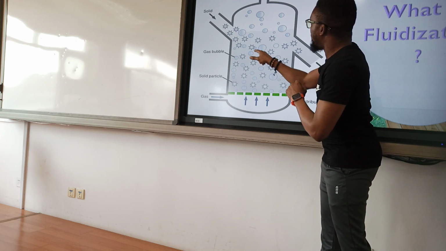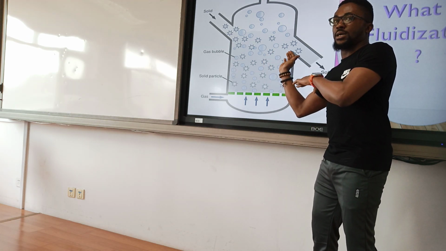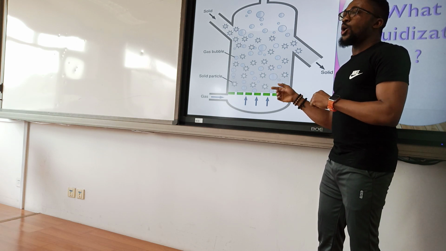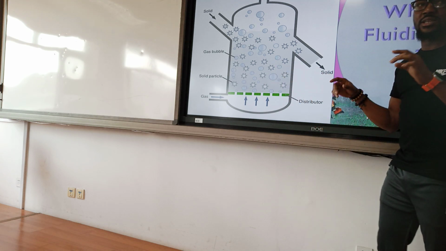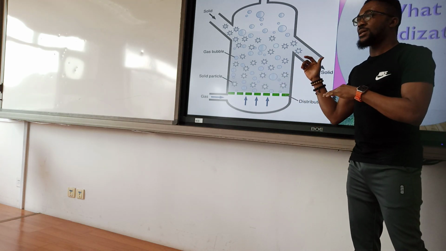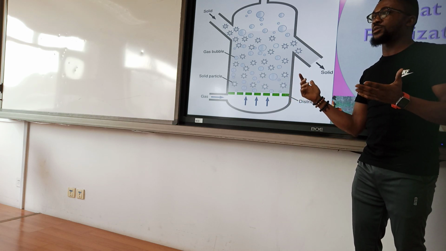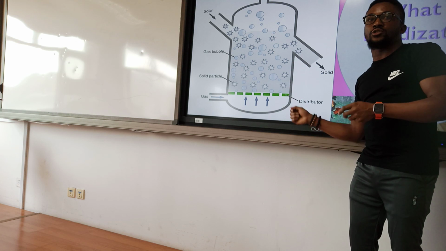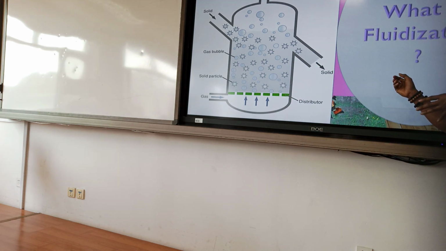If it moves in a fluid-like nature, that means fluidization has taken place. But if these particles move upward, you are expecting forces trying to balance. We can expect the buoyant force, the drag force trying to drag it down, and the gravitational force.